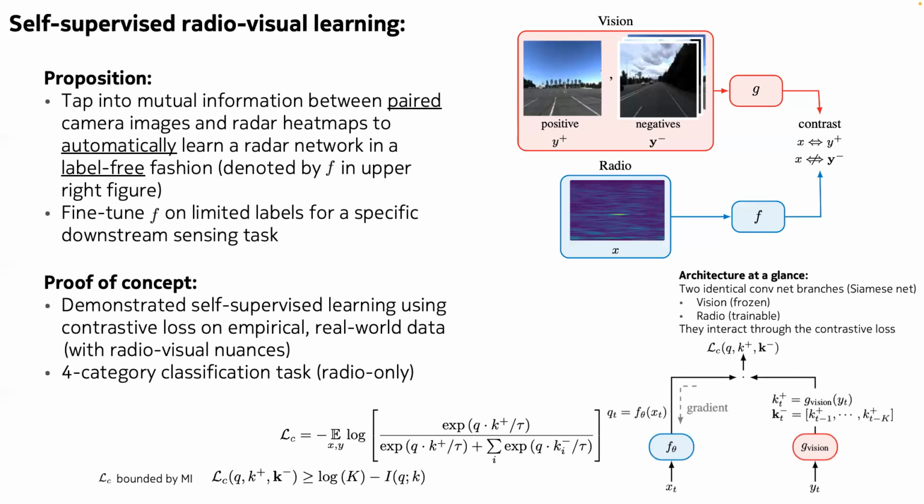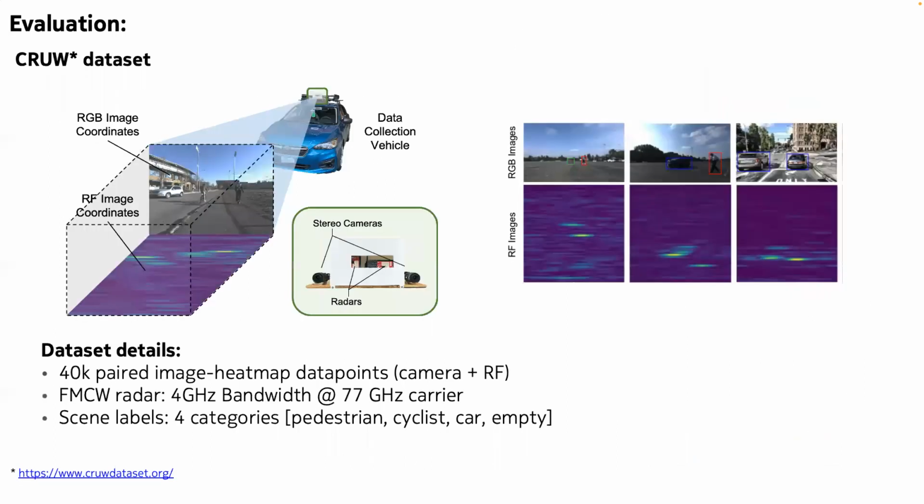We have demonstrated radio-visual SSL on an empirical data set. It allowed us to build a 4-category classification task for now on the radio part of the SSL network. For the technical details, please consult the paper. We use the CRUW dataset from the University of Washington.